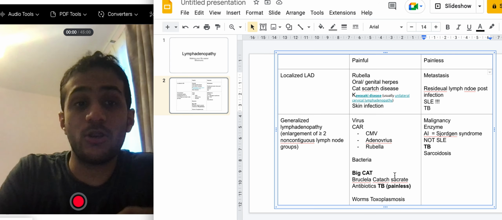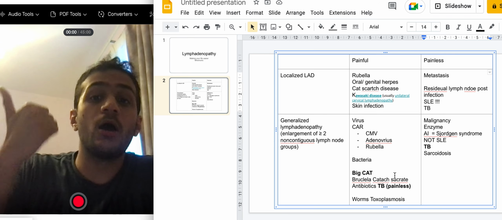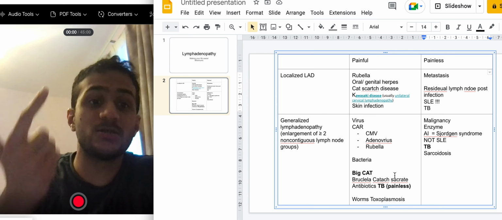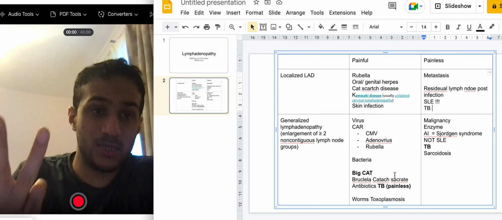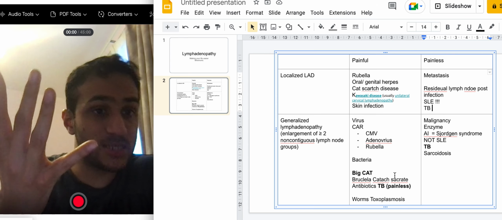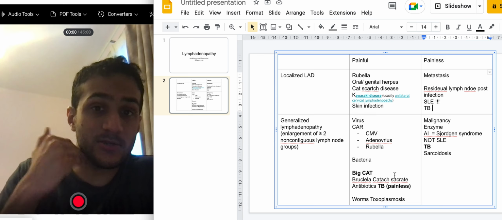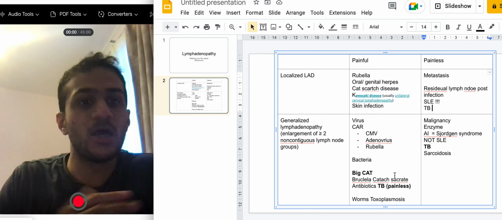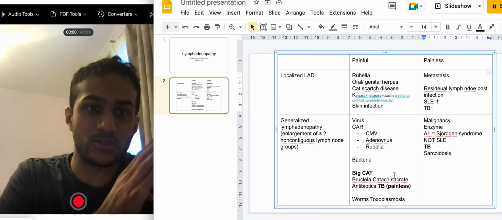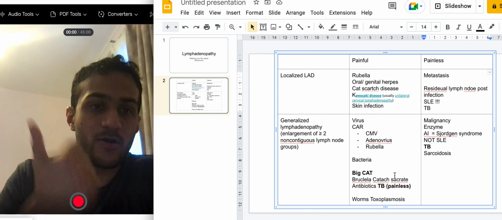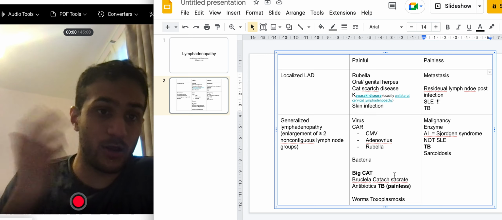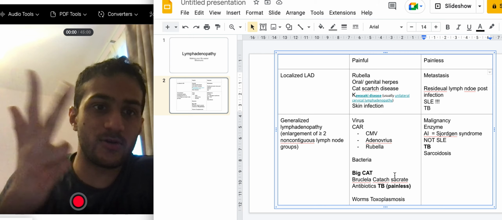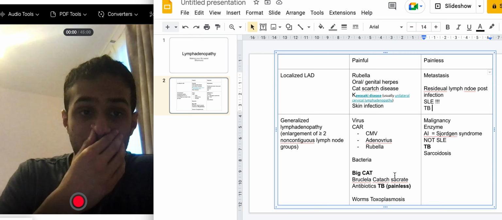So guys, it's a bit haphazard, but let me quickly recap. For your painful, you want to know ROCKS: rubella, oral herpes, cat scratch disease, Kawasaki disease, skin infections. The next thing is going to be your painful generalized. You want to divide it into viruses, bacteria, parasites. For viruses, just know a car is stuck in my lymph node. I know it's stupid, but okay: CMV, adenovirus, rubella. Then we have the bacteria: a big cat.